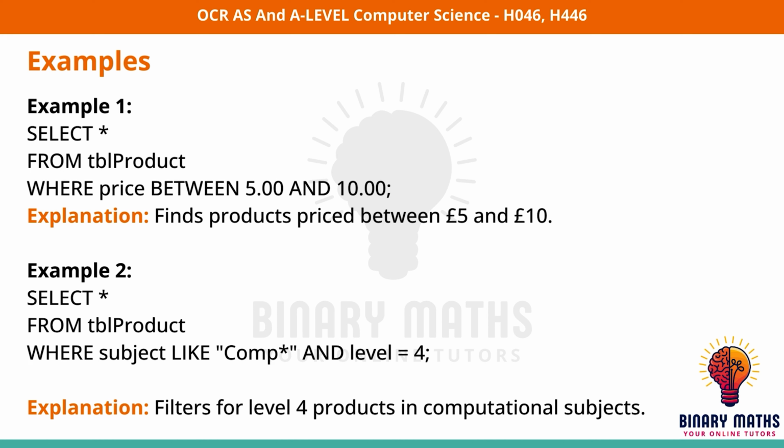We'd write what we can see on example 2. The SELECT with the asterisk FROM Table Product, WHERE subject LIKE comp and level equals 4. This query combines two conditions. The subject must start with comp and the level must be 4.